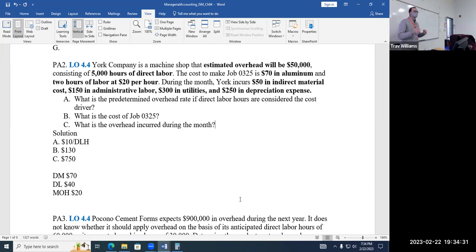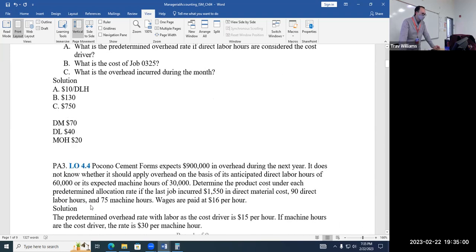Then for each job, you take that activity and multiply by the rate to get how much overhead to apply. In this case, there were 2 hours of labor for that job, so we take 2 hours times our $10 rate, and that's where we got the $20 of applied manufacturing overhead.